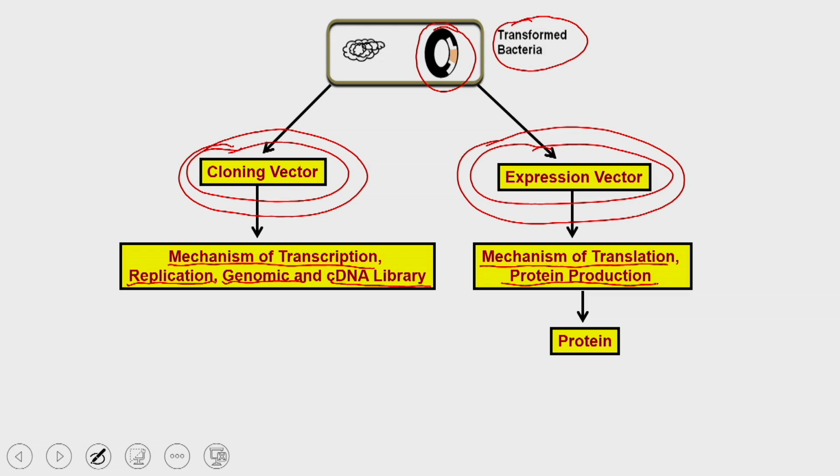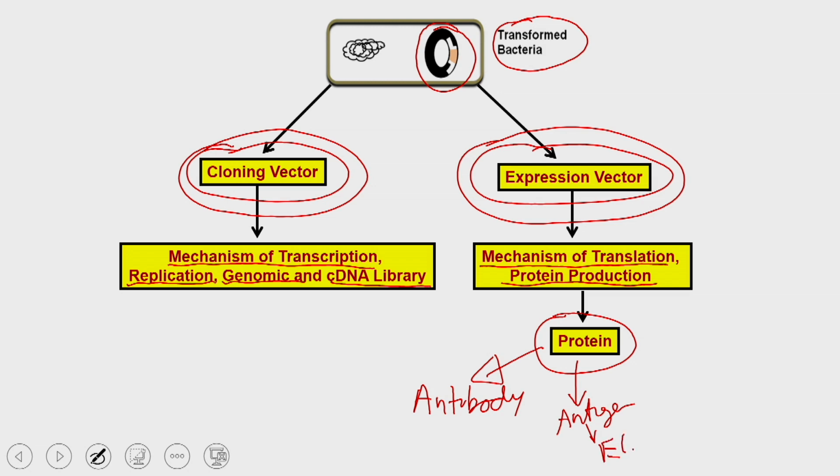Once you use it for protein production, this protein you can use for generating antibodies, or as an antigen to prepare an ELISA kit, or you can use the transformed host which is overexpressing this particular protein for regulating metabolic processes.